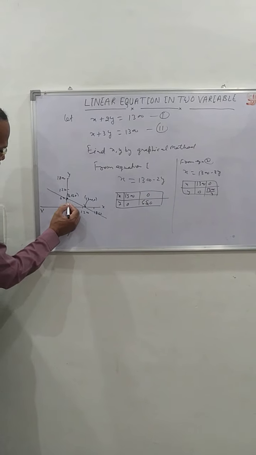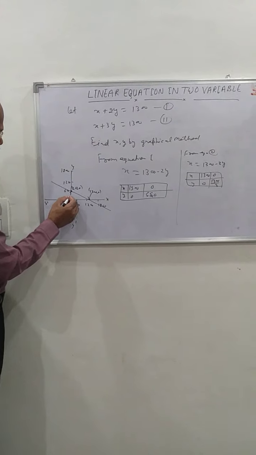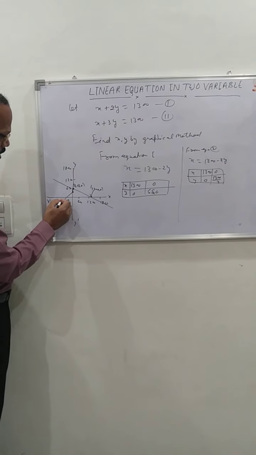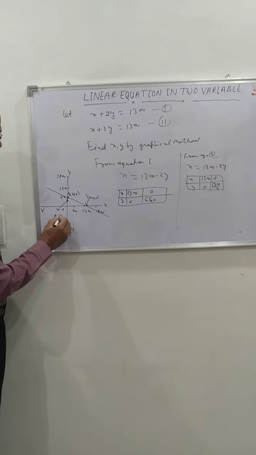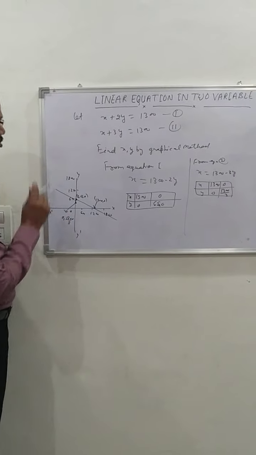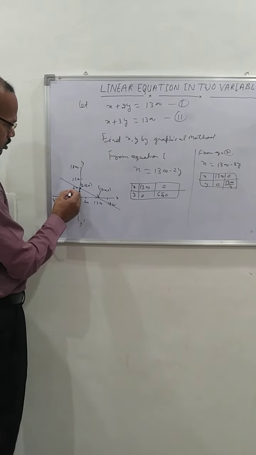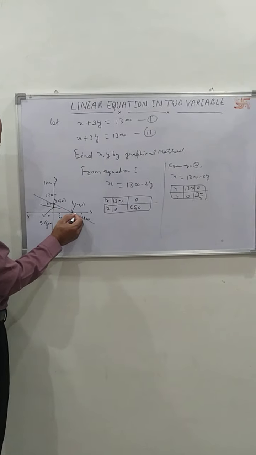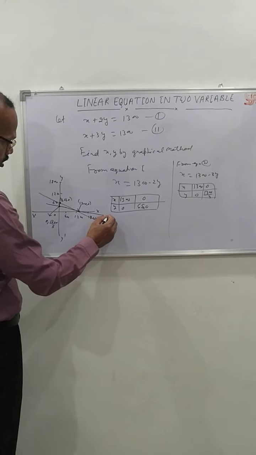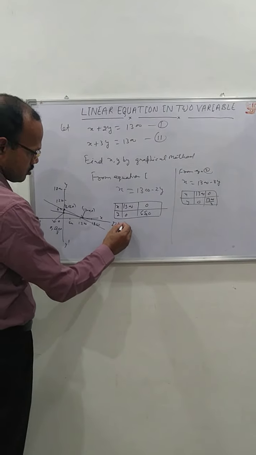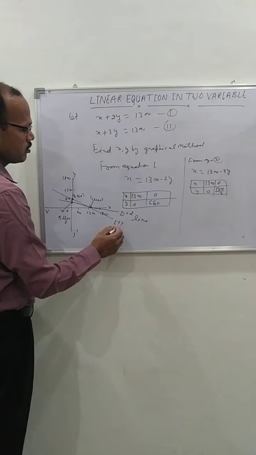So that will come at this point, suppose. So this point is (0, 1300/3). We again join these two points and draw a line. So this is the second line, and this is the first line, the first equation.